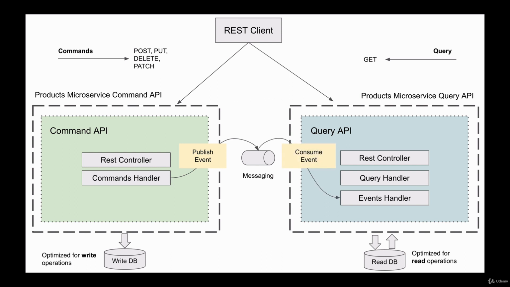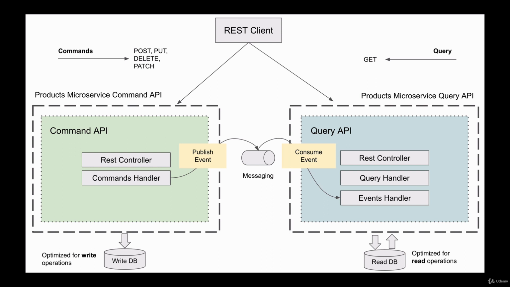For example, the right side microservice will have an event handling component that will consume the product updated event and will update the read database to make sure that the information it has is consistent with the information that is in the write database. And because the communication between these microservices is done via a messaging queue, we achieve location transparency. The two microservices are completely unaware of each other's location.